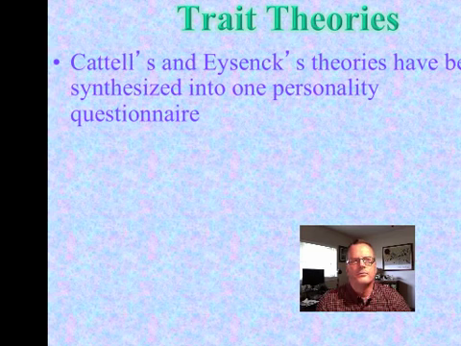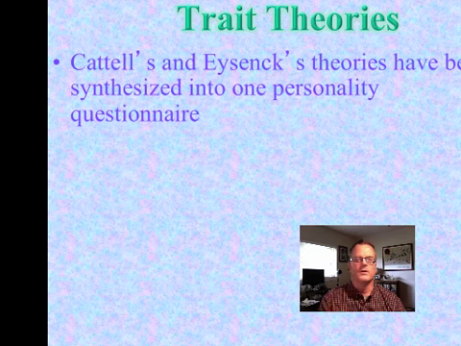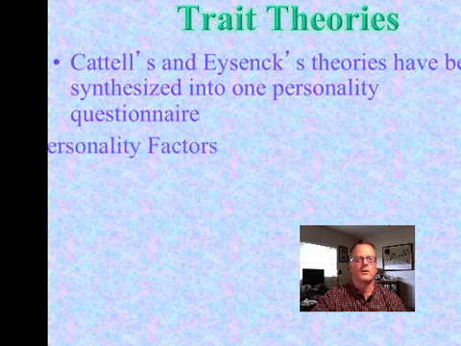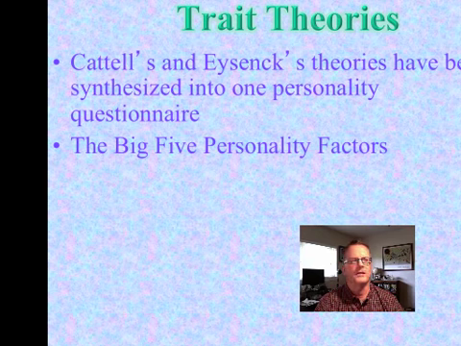Now, I've introduced both of these individuals and realize that the personality testing, the test that's used most often now, synthesizes Cattell's and Eysenck's work. And it's called the Big Five Personality Factors.